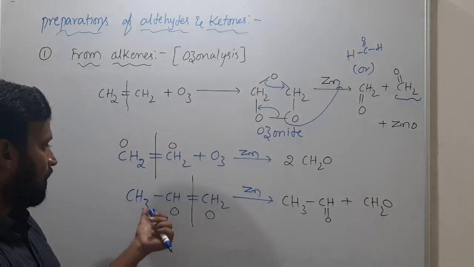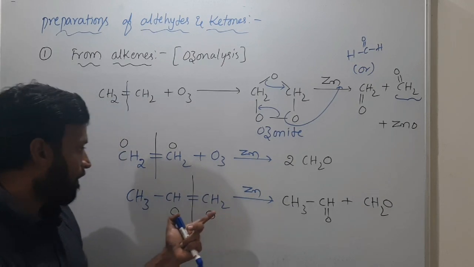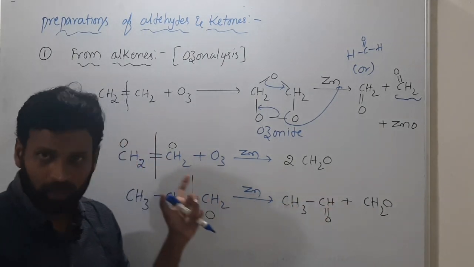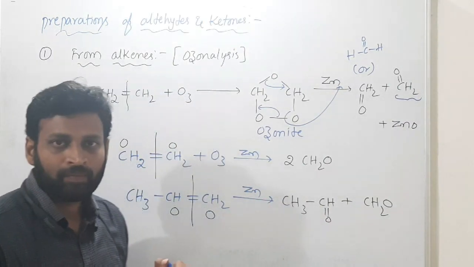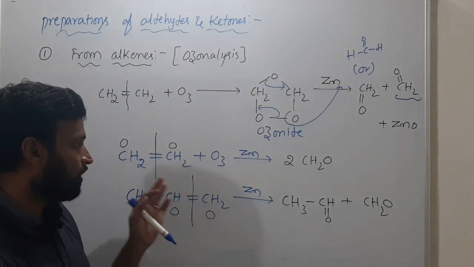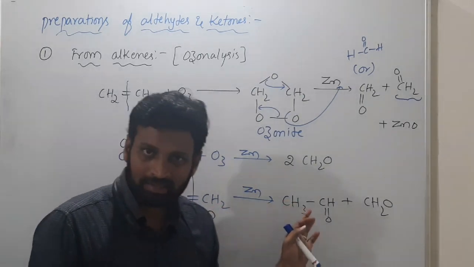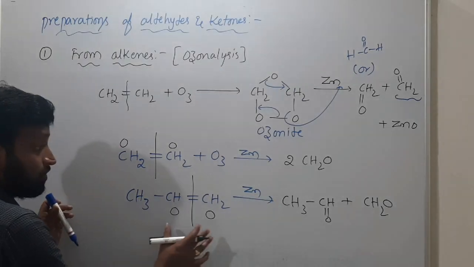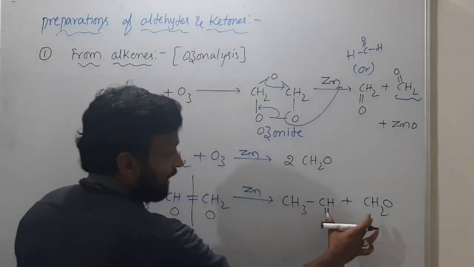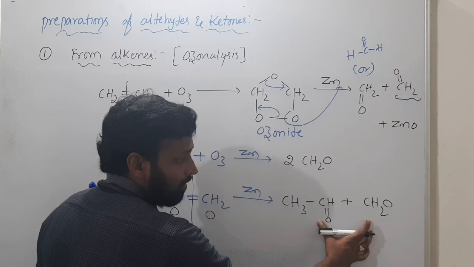To get aldehydes and ketones, one question on ozonolysis came in this year's NEET exam. They ask what the ozonolysis product is, or what alkene is required to get these kinds of aldehydes.